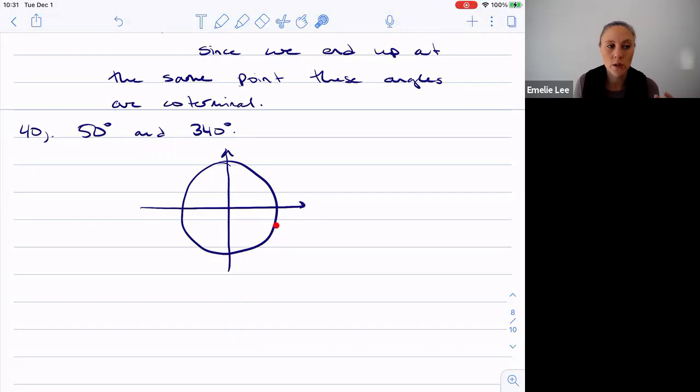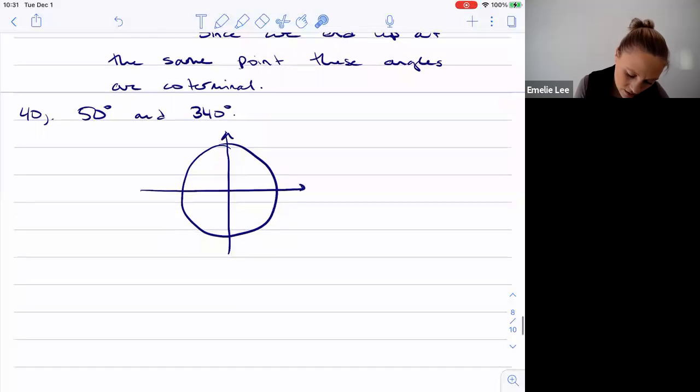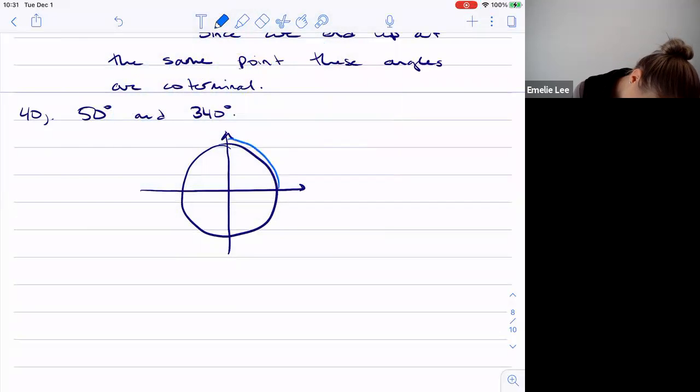I think it's pretty short because, well, let me think about this. 90 degrees, I know that's 90 degrees just from life. This is 180, and then 180 plus 90 puts me at 270. So here, this is 90.